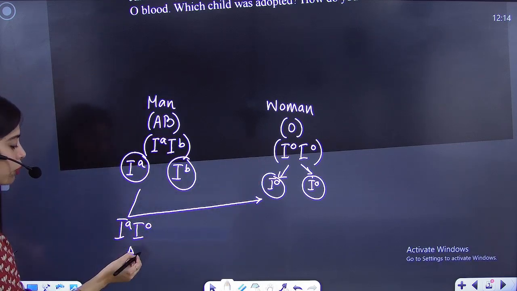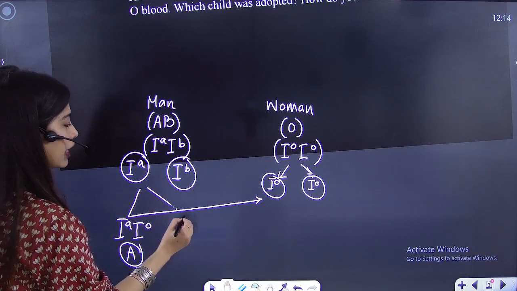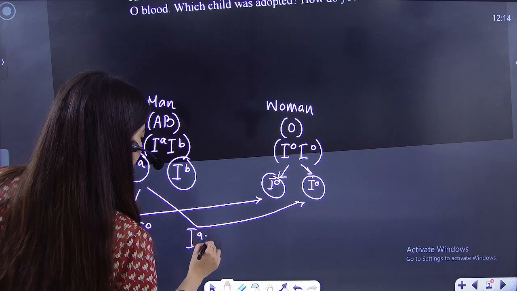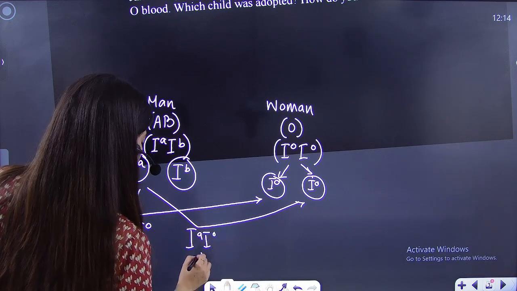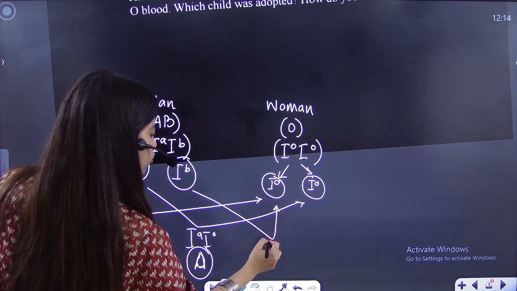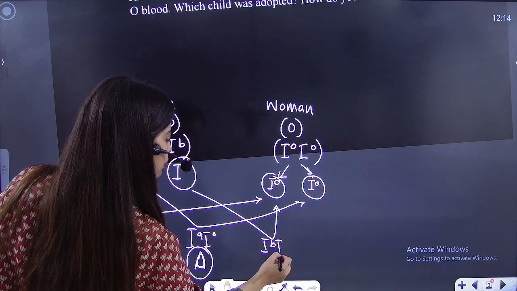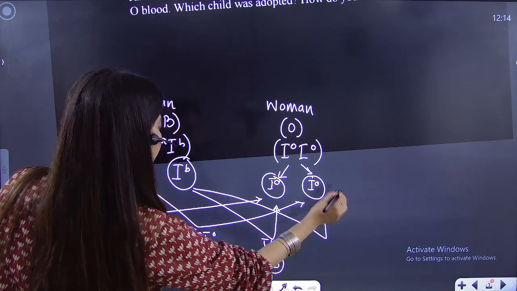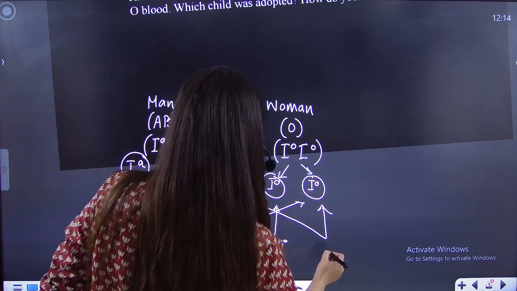So the blood group will be A. Similarly, when IA merges with IO again, the blood grouping will be A. For IB IO, the blood grouping will be B, and for IB IO again, the blood grouping will be B.